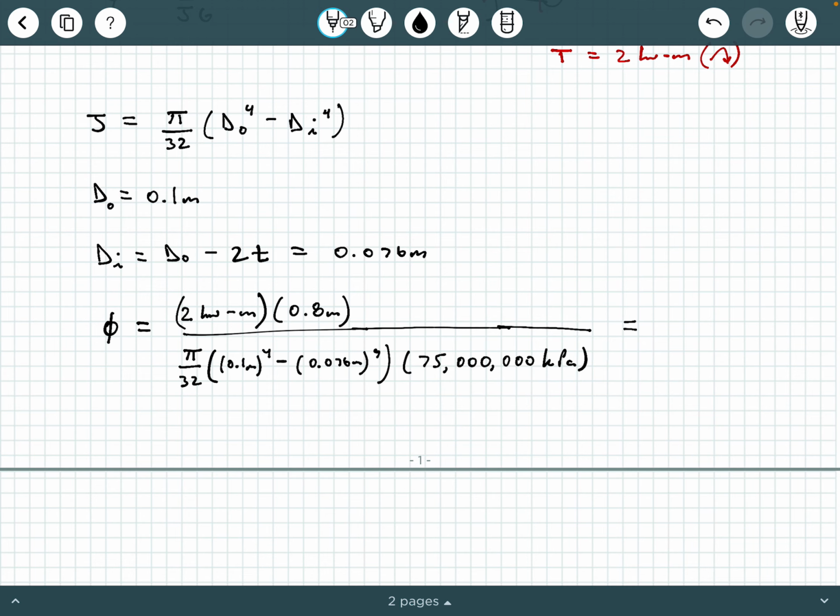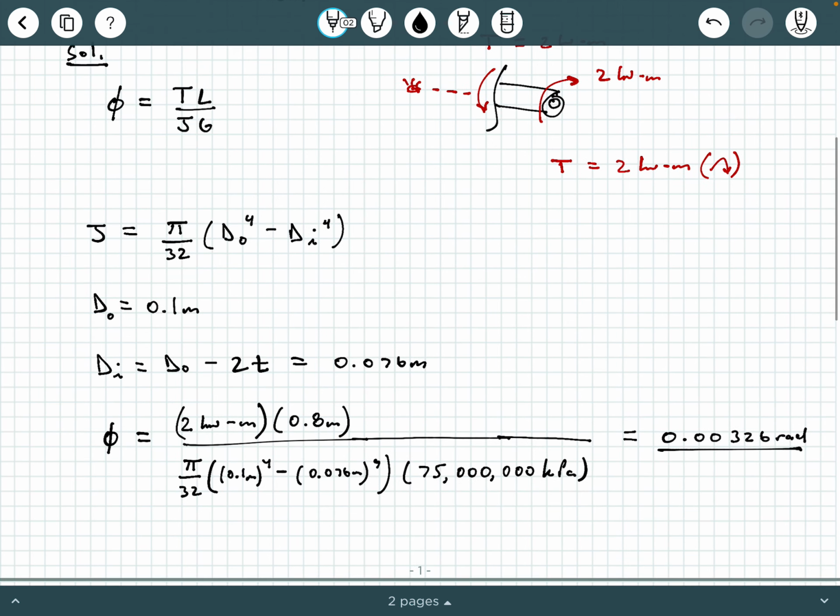I'm taking care of J separately and multiplying that by G, so I'm taking care of the denominator first. Then I've got 2 times 0.8 divided by that denominator. So I end up getting 0.00326 radians. That's my answer.